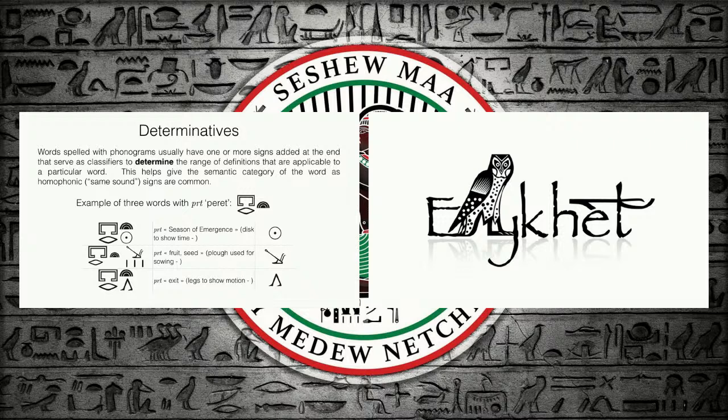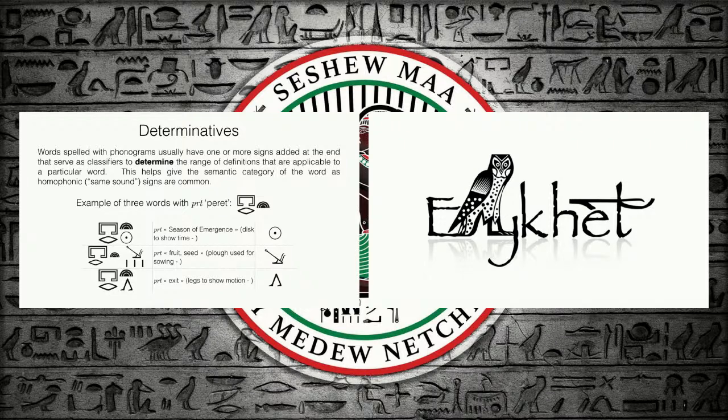But I hope y'all got the phonogram aspect. It's very important because you will see what I have seen. I've seen people look at Egyptian words and they look at the glyphs, and then they expect the glyphs to reflect what the word means.